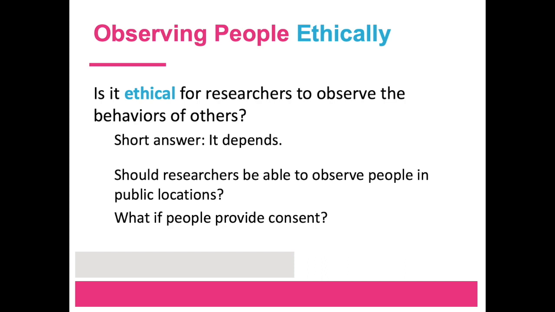If I go to a park, should I be able to take data on individuals there? What if I ask people to provide their consent? Is it ethical then? These answers are tough. There's no straight answer here. And people have different opinions on whether or not observing people in public locations is ethical or not.